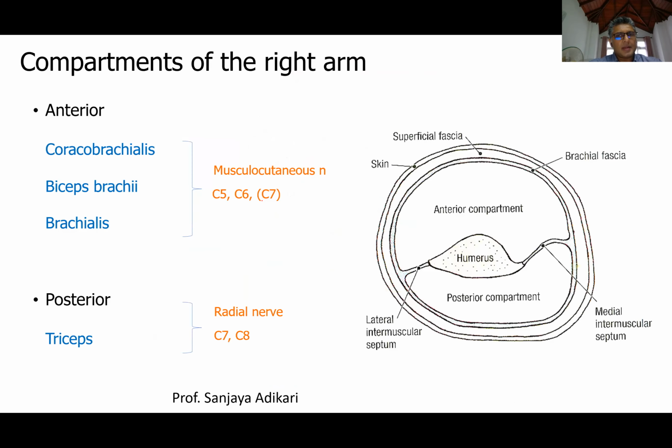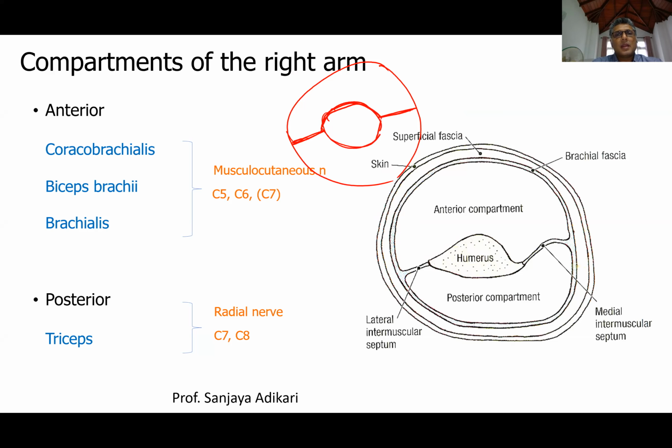Compartments of the right arm. If this is your humerus, outside you get the deep fascia encircling the arm. There are two intermuscular septa, a lateral one and a medial one, connecting the deep fascia to the periosteum of the bone.